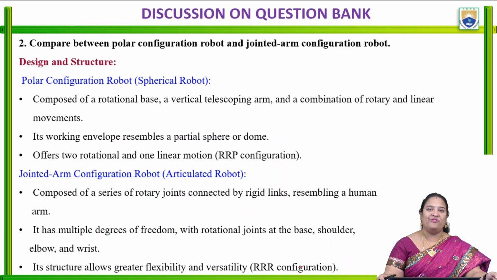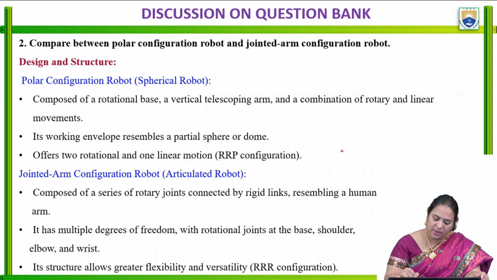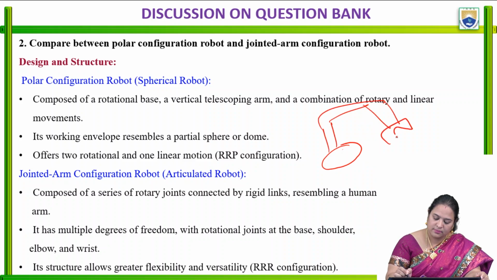Compare between a polar configuration robot and a jointed arm configuration robot. What do we mean by a polar configuration robot and what do we mean by a jointed arm configuration robot? Yes. Here the polar configuration robot comprises a rotational base, which is in rotational form, right?